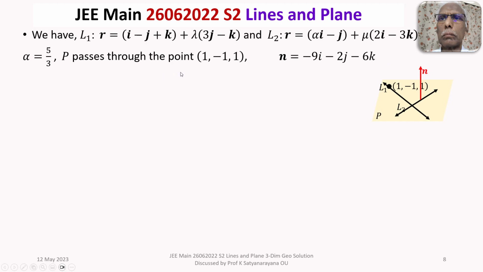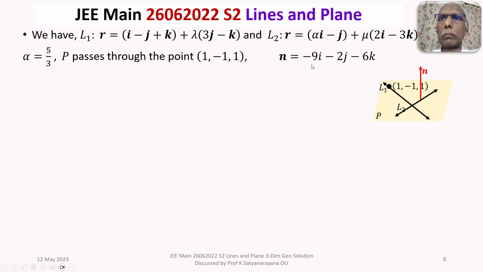So now we write down the equation of the plane. The equation of the plane, passing through (1, -1, 1), means (x - 1, y + 1, z - 1) dot with this n.